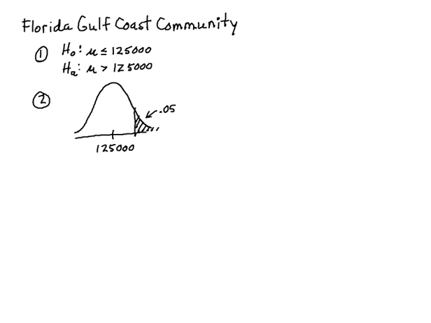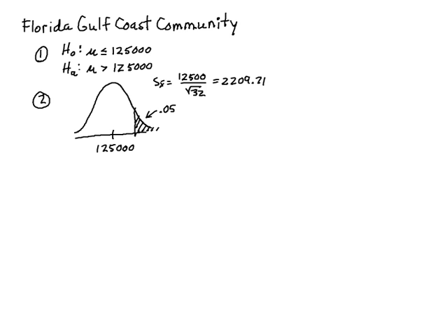And we have a standard error. We'll go ahead and calculate that. That's the sample standard deviation divided by the square root of the sample size, 32. So if I go ahead and calculate that out, I get 2,209.71.